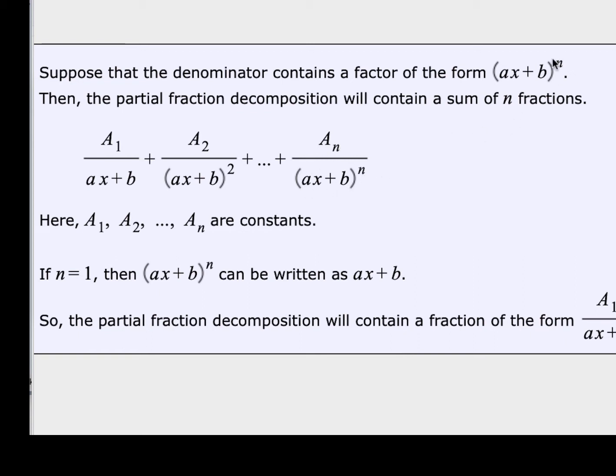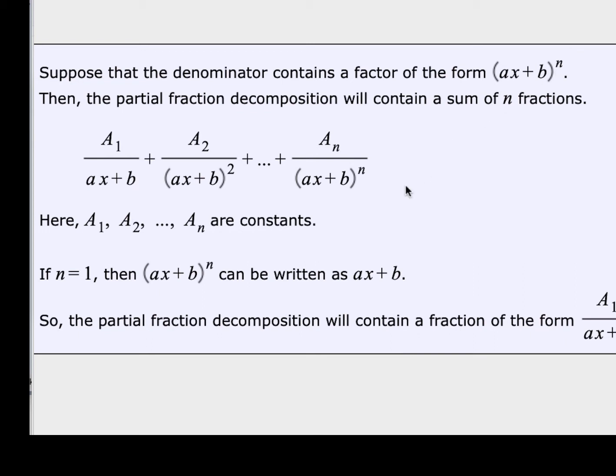So if this were to the fifth power, we would expand this out to a fifth term, which would have in the denominator (ax plus b) to the fifth power. You start with the first power and work your way up to the one that is in the denominator.